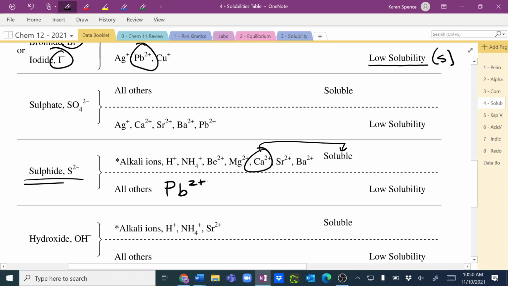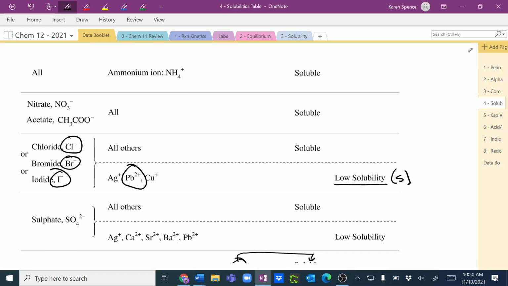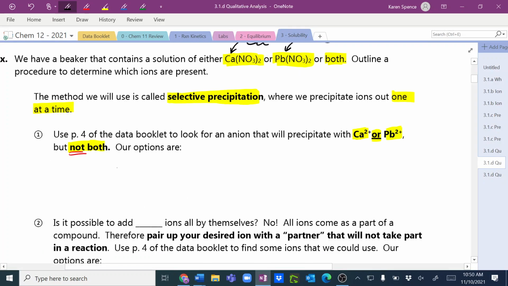So of our choices, let's go back, we'll write those down. Our options are chloride, bromide, iodide, or sulfide. We don't want to use all of them.